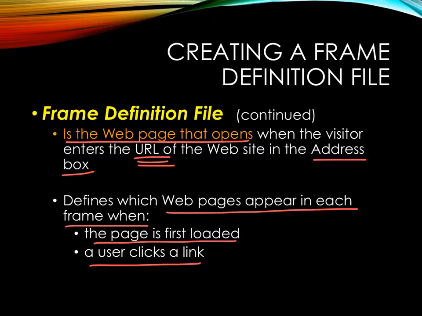So this frame definition file is going to break up the web page browser, and then from there it's going to say in each frame what web page should be displayed when the page is first loaded, and then what happens when a user clicks on a link, and if any of those different frames will change what is being displayed.